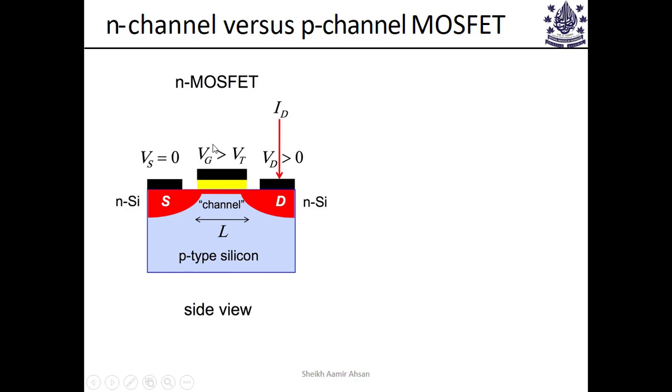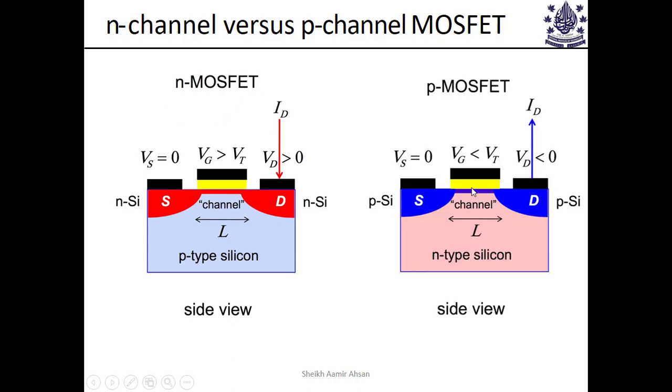Okay, so this is an n-type MOSFET with a p-type body, but the channel is n-type, so therefore the MOSFET becomes n-type. On the other hand, we have a p-type MOSFET for which the substrate is n-type silicon. Okay, in which the substrate is doped with donors to make it n-type, and the source and drain regions are heavily p-type doped, and therefore the current has to be sustained by holes, which are p-type, and therefore the MOSFET is called p-type.